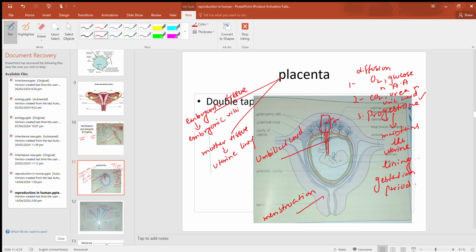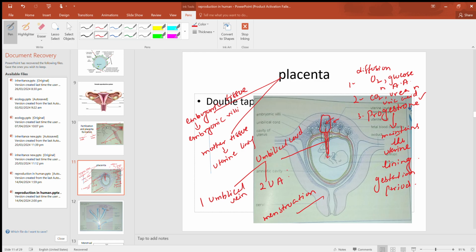They form the embryonic vein, which is called the umbilical vein, and then the umbilical vein will transfer the glucose and amino acids to the fetus. This umbilical vein is present inside the umbilical cord. It contains one umbilical vein and two umbilical arteries.